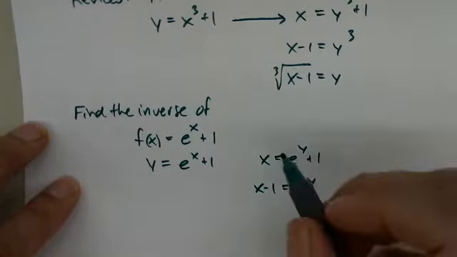And what's happening here is ln can be written as log base e. So we really have log base e of e to the y. To what power do you raise e to get e to the y? You raise it to the y power. So then we can say the inverse is natural log of x minus 1.